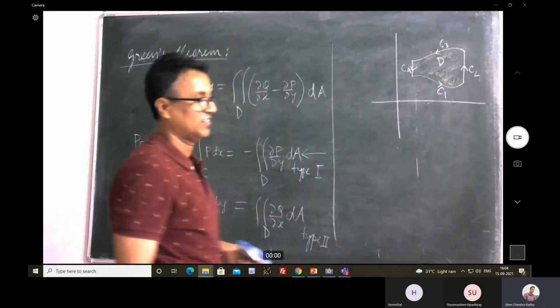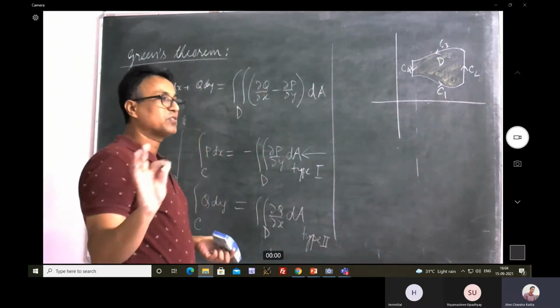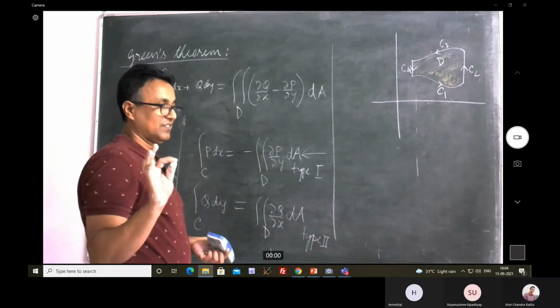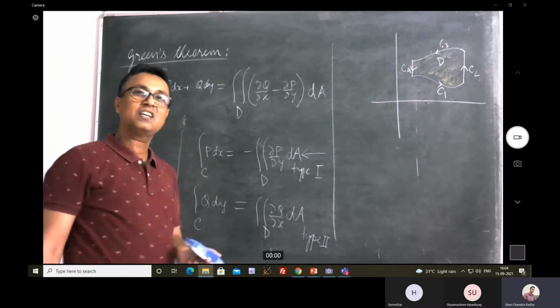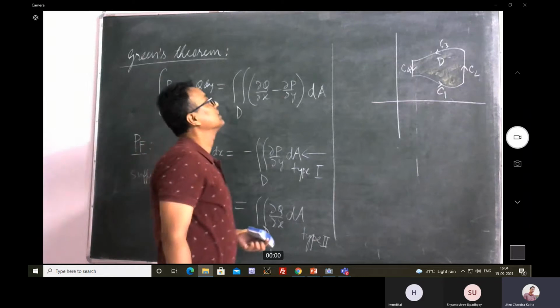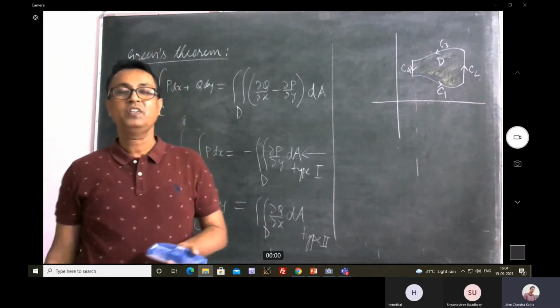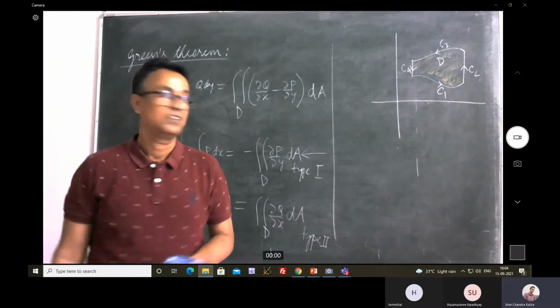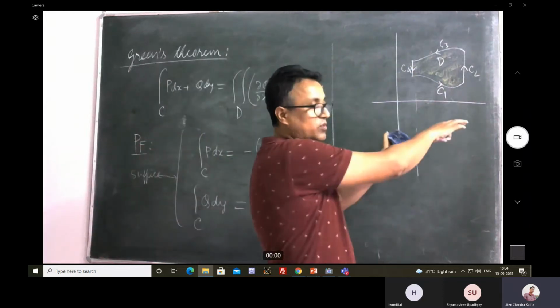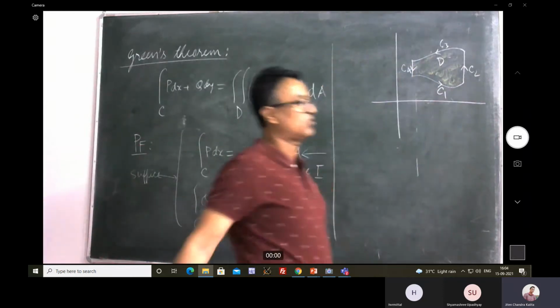But please don't get confused about it. Even without C1, C4, C2 also, you can easily do the proof, because this is a type 1 region. That is why the figure is drawn like that.